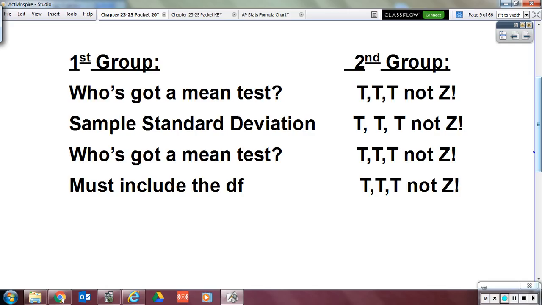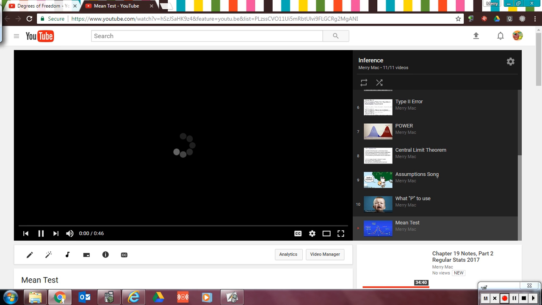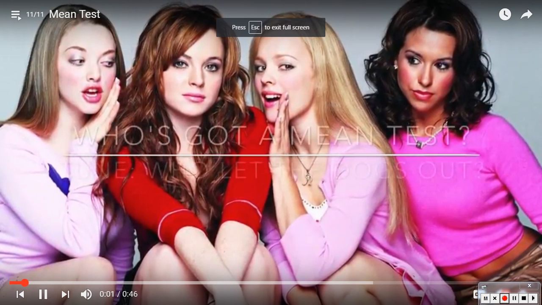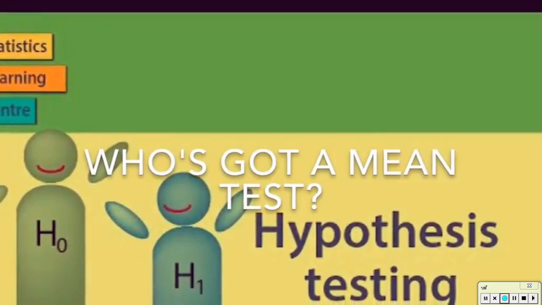Who's got a mean test? T, T, T, not Z. And then this is happening because we are using the sample standard deviation. T, T, T, not Z. Who's got a mean test? T, T, T, not Z. And because we need to know which t-curve to do the computing on, you must include the DF, the degrees of freedom. Who's got a mean test?